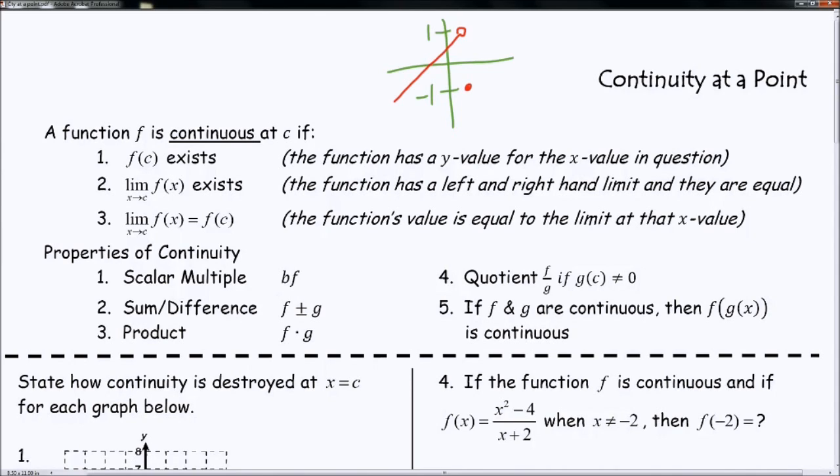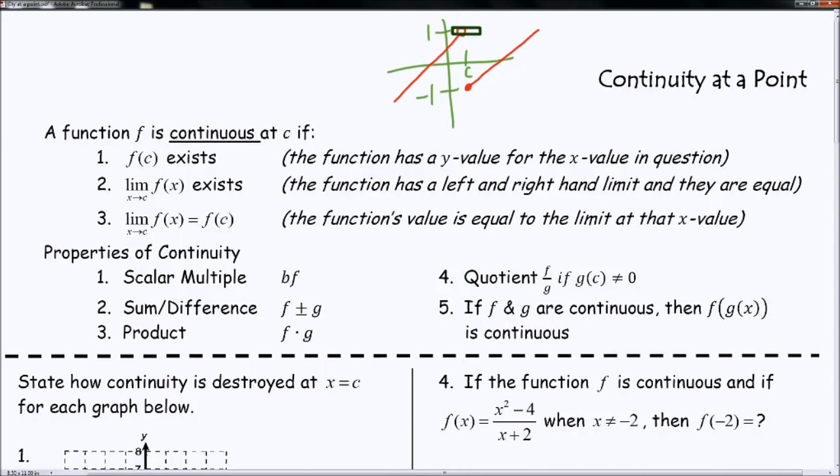At c, my limit from the left, which is approaching 1, does not equal my limit from the right-hand side, which equals -1. Notice those two values aren't meeting up in the same place. You can actually see on the graph my limits aren't even coming close to each other.